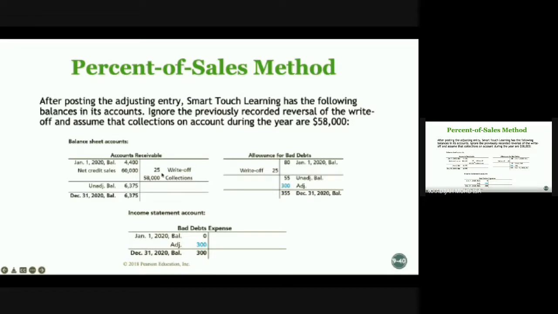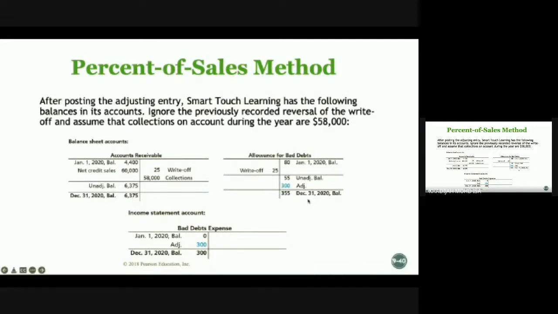At the beginning of the period, you have a balance of account receivable of 4,400, plus your credit sales of 60,000. Then you have a write-off of 25 just now, and then you collected 58,000 from your account receivable, so you debit cash and credit account receivable. Then you compute the balancing figure, and you have 6,375.